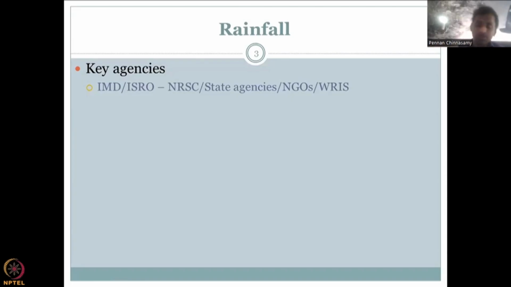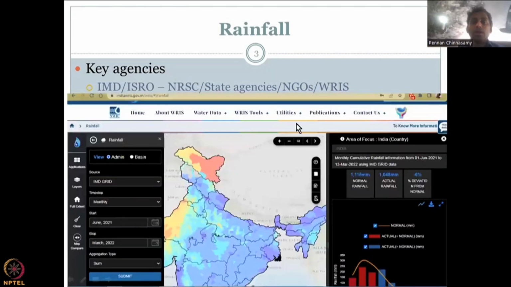We will look at the remote sensing data platforms also while we close up this course. And as I said, NGOs also give data, and all of this data can be housed in one location, which is the WRIS website. There are other state agency websites also, which would take these data out and store it individually in their own archives and database.